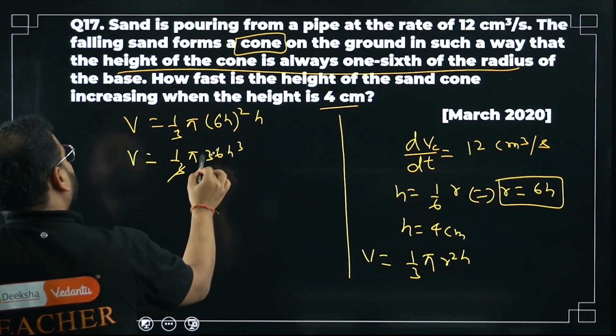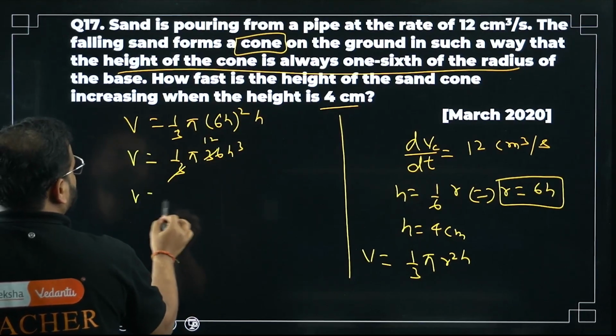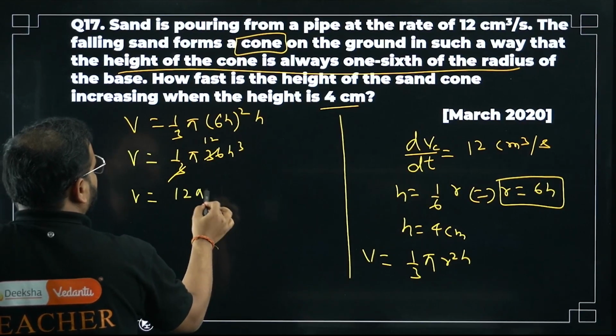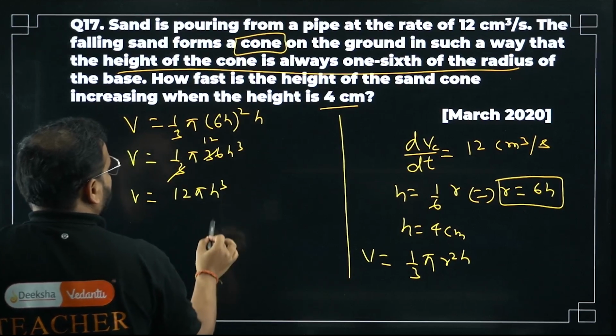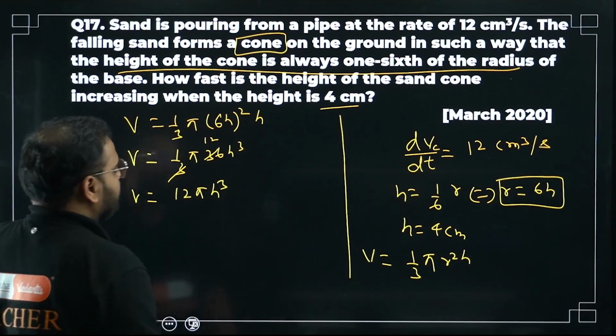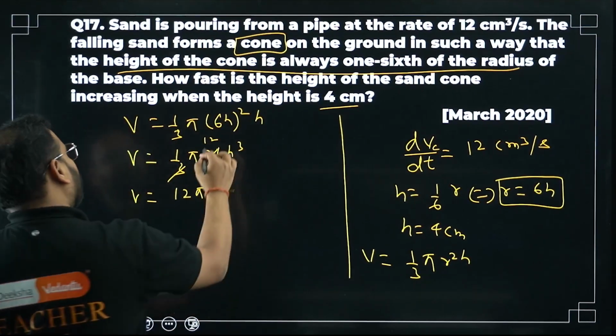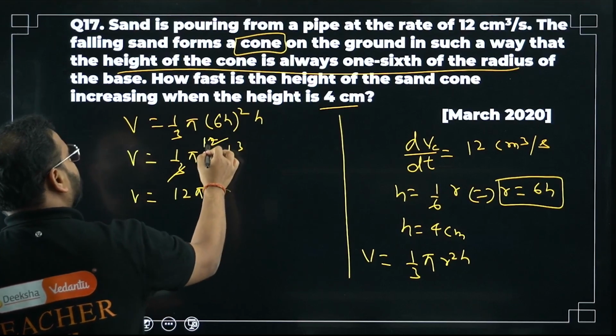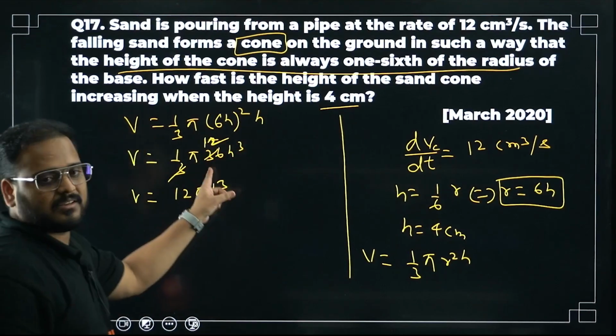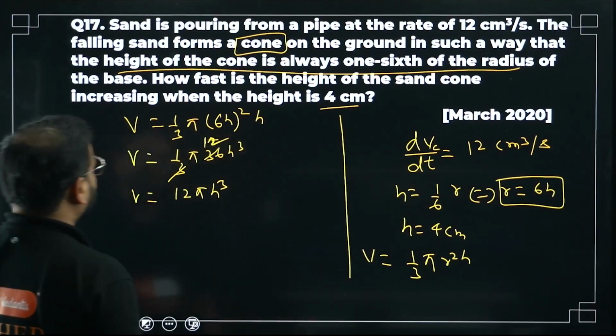Cancel this, 12. V equals 12 pi h cube. If you cancel 3 and 36, you get 12 only.